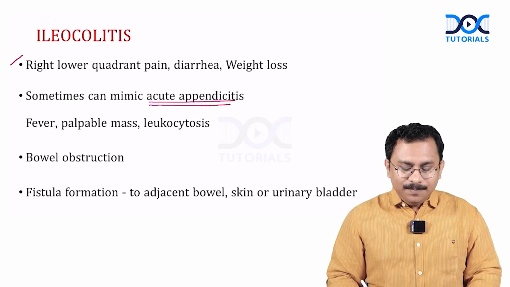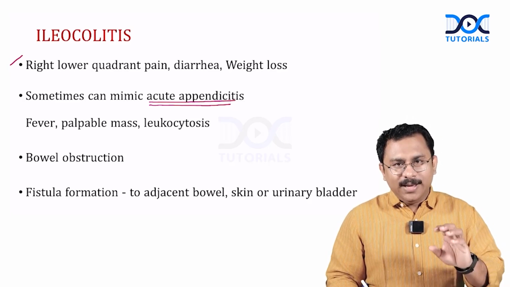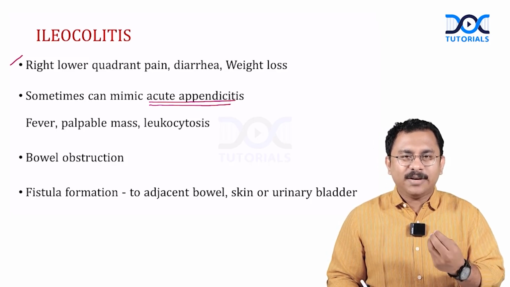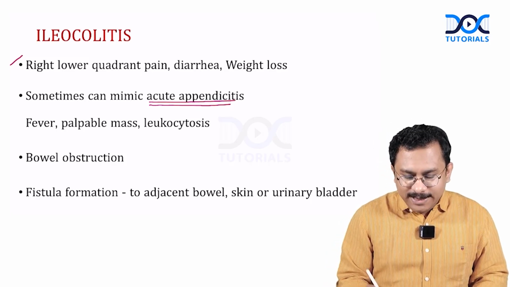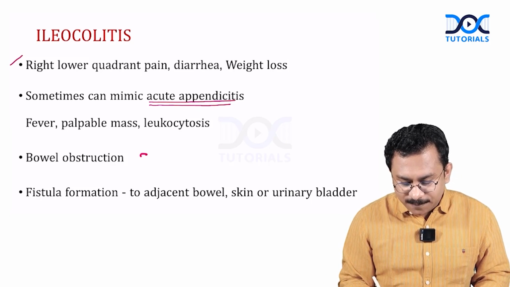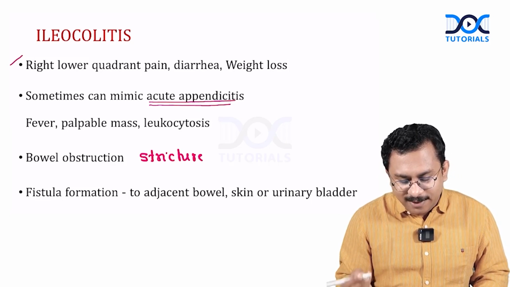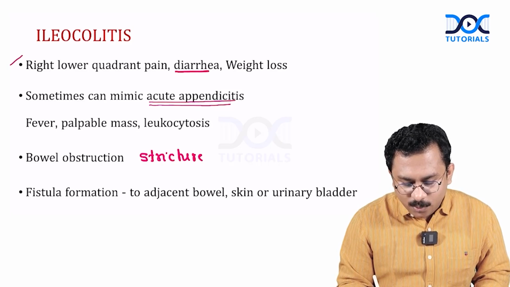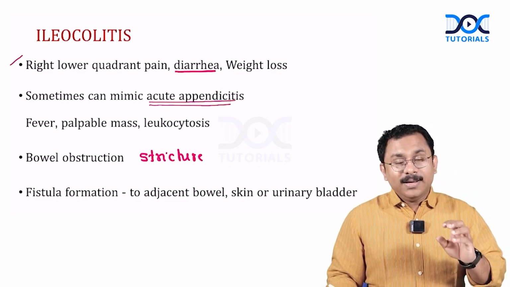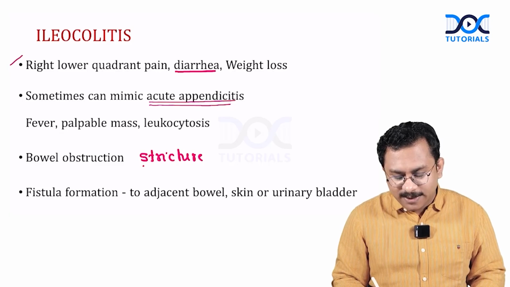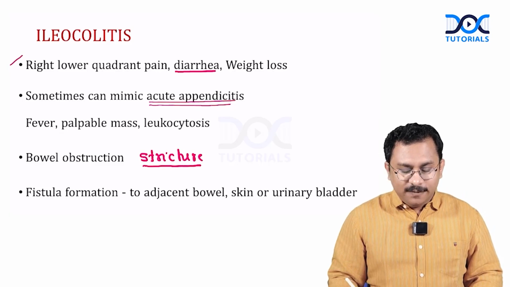But remember that patients with ileocolitis, especially when there is stricture formation, can develop bowel obstruction. So the disease can have lower quadrant pain and diarrhea, but sometimes can lead on to bowel obstruction as well, especially when you have stricture formation.